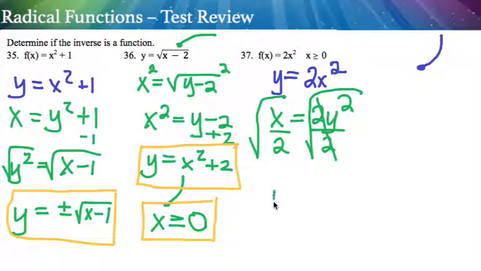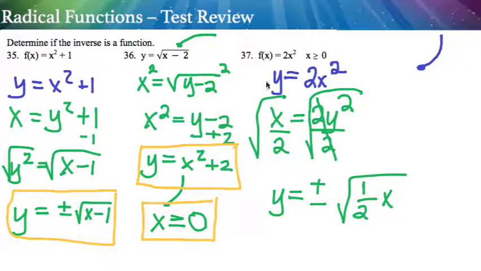Okay, so it's going to be y equals plus or minus the square root, because that's how you normally do it, right? And we can make this 1/2 x. That'll make it look better. But here's the thing. We only wanted the right-hand side. So really, we only want this side of the radical. We don't want the bottom part. So let's just take out the negative.